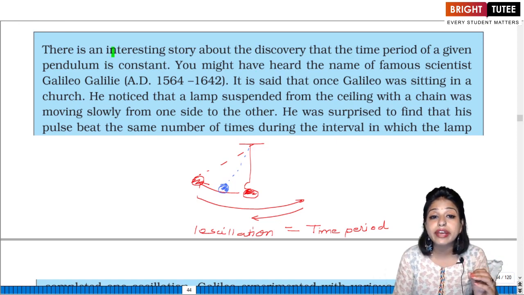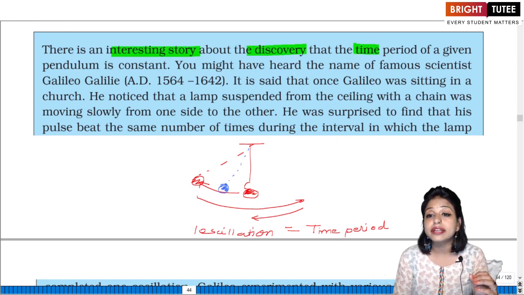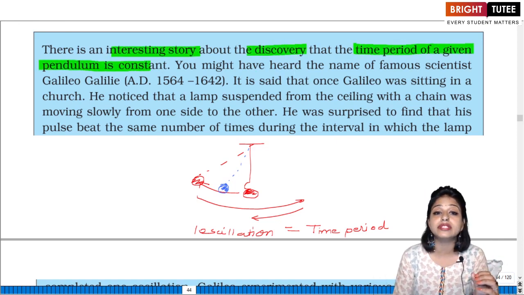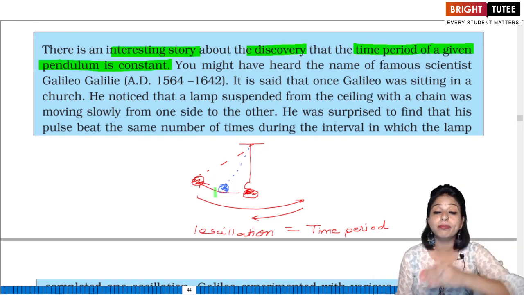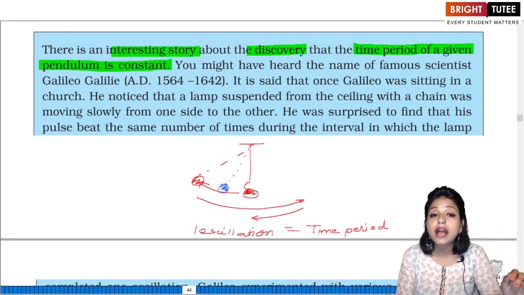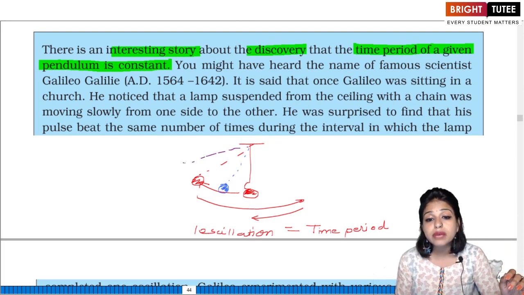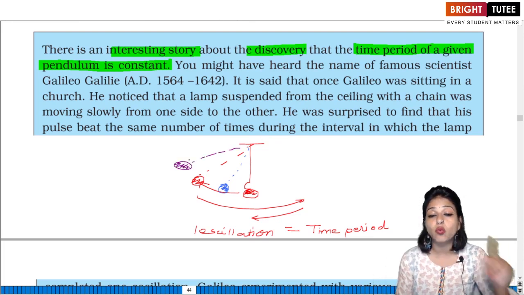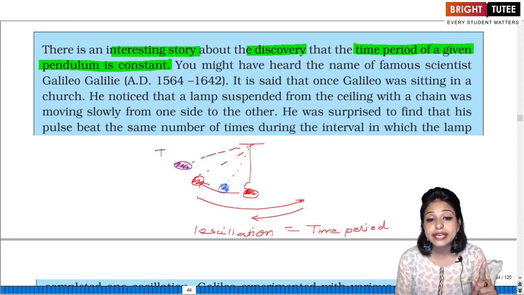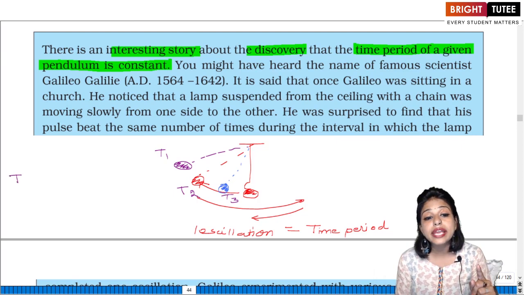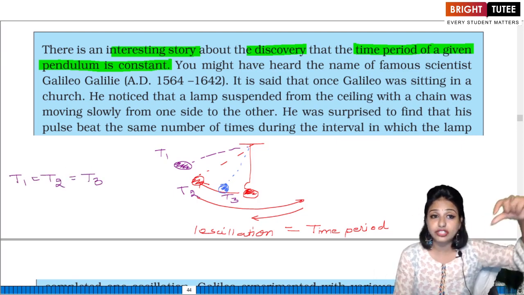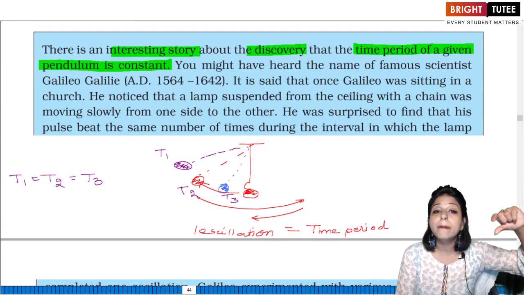This was the very interesting discovery, that the time period of a given pendulum is constant. It doesn't matter whether you make the pendulum go farther apart or nearer. The time period for completing one oscillation, let's say T1, T2, T3, each one of them is equal irrespective of how much you displace the pendulum from its place.